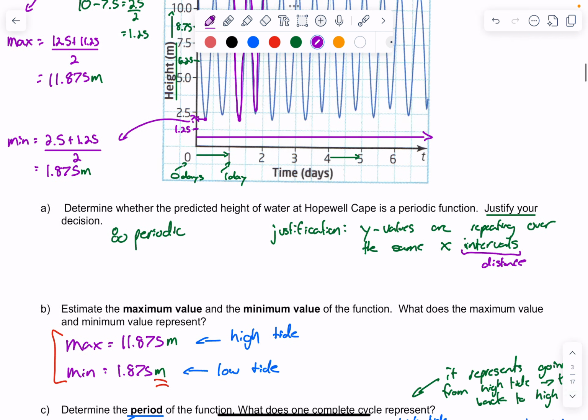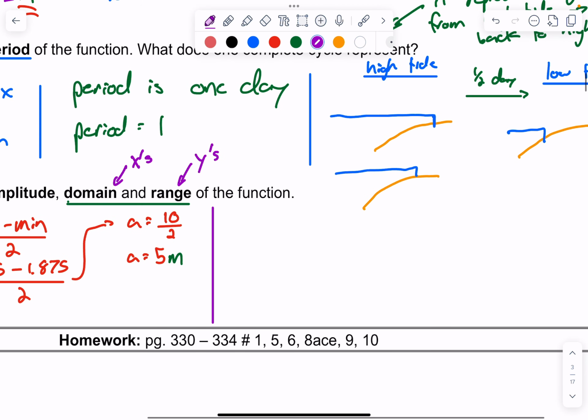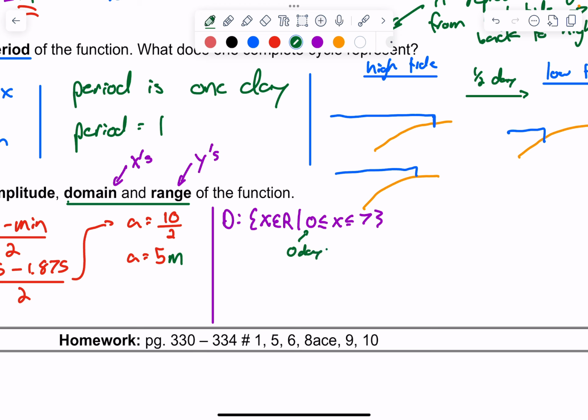So your domain is that x belongs to real numbers, with x starting at 0 and less than or equal to 7. This is 0 days. This is 7 days.